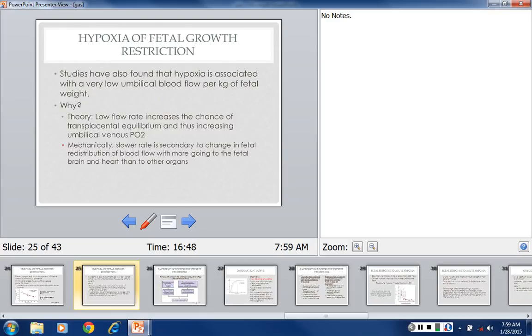So studies have also found that hypoxia is associated with very low umbilical flow per kilogram of fetal weight. Why is this? Primarily, this is a theory, but a low flow rate increases the chance of equilibrium and thus increases umbilical venous O2. Basically, the longer it's exposed to the blood, the more it can transfuse across. And primarily, you want the blood to go to the brain, heart, and central nervous system.